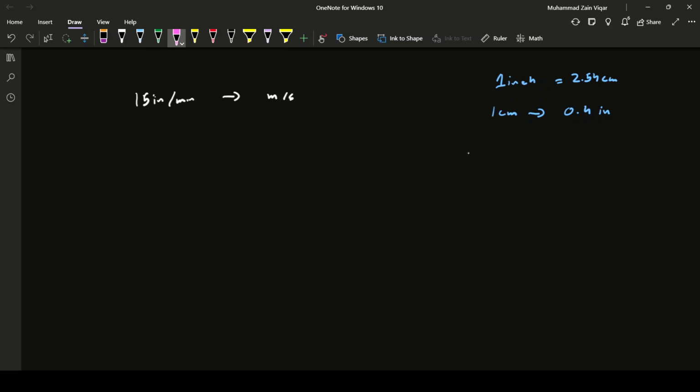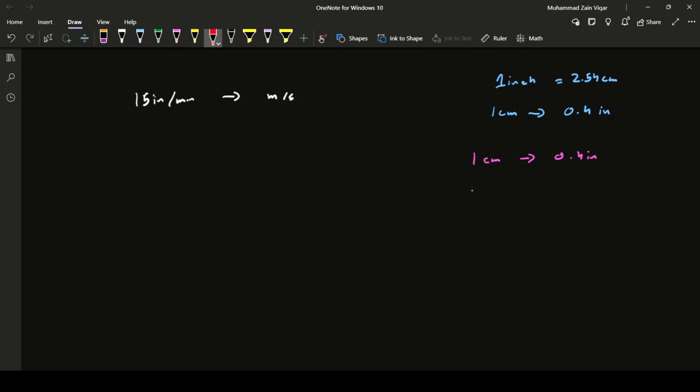So if 1 centimeter is equal to 0.4 inches and 100 centimeters are equal to a meter, I will just simply have to divide this by 100. But if that's not clear, why am I dividing it?